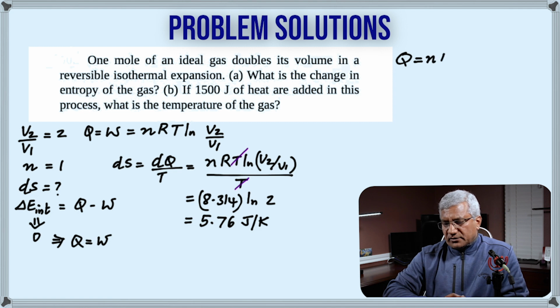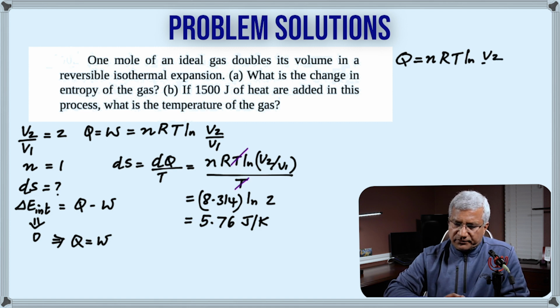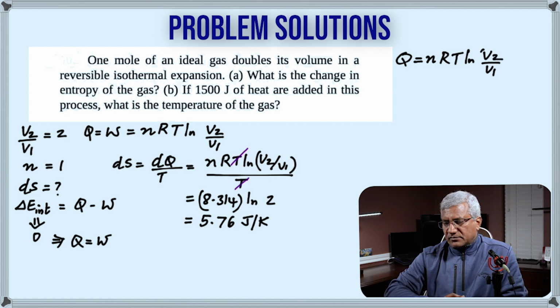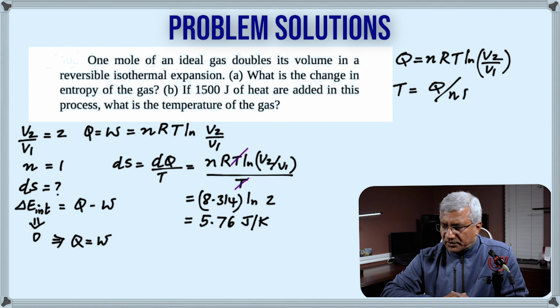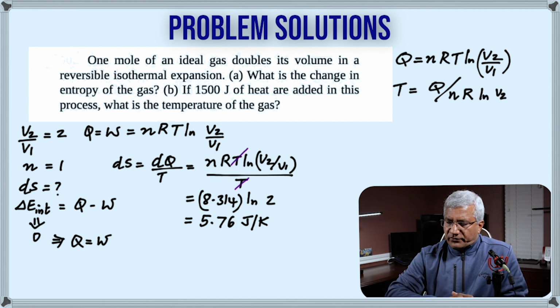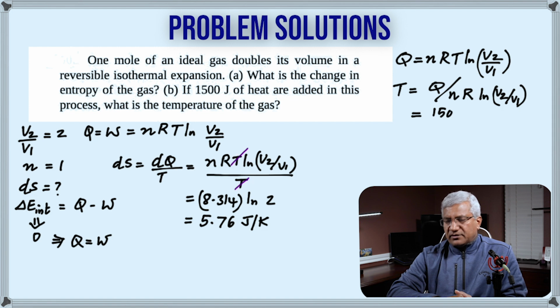Okay. Q is nRT natural log V2 by V1. The quantity of heat is given, so just make T the subject, rearrange, and calculate. Q is 1500, isn't it? 1500 divided by the number of moles, which is 1, so I've not written it.